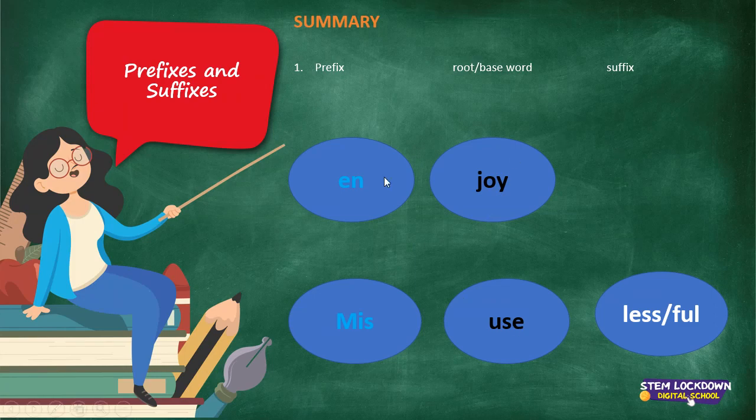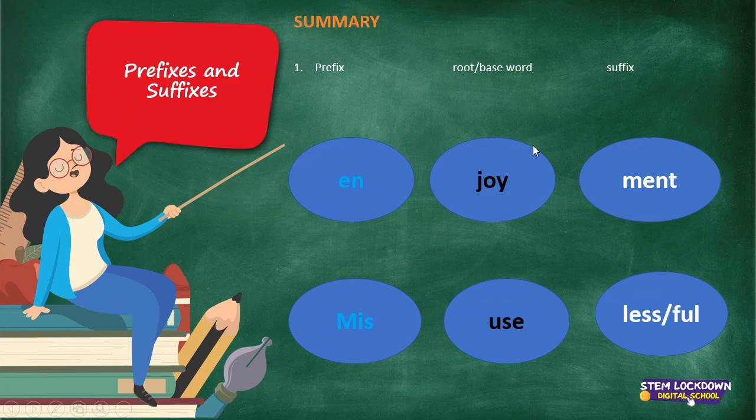For enjoy, you would be given the entire word enjoy as it is, okay? You wouldn't be given the root as joy and be asked to provide a suffix for joy, okay? So you'd be given the entire word enjoy, and you would have to provide a suffix, and our suffix would be ment, okay? And you would have enjoyment, okay?